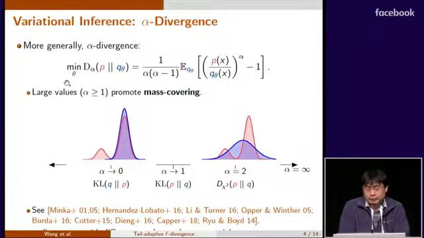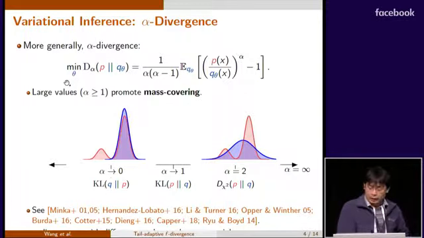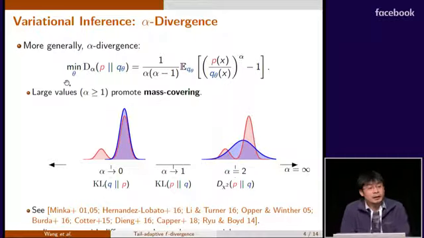Alpha is a parameter, and different choices of alpha reduce to different special cases. If alpha equals 0, it reduces to the standard KL divergence. If alpha equals 1, it reduces to the other KL divergence with a different ordering. And alpha equals 2 gives chi-square, and there are many other examples.